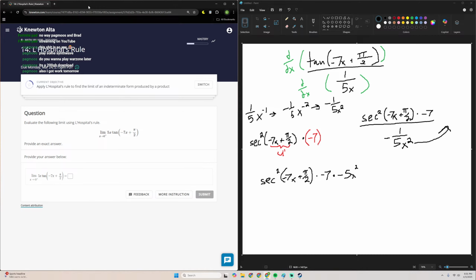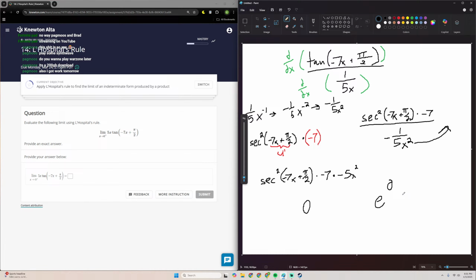Times by negative 7 times by negative 5 0 squared. So it's just 0. This whole thing just becomes 0 because it doesn't matter. Okay, this has become 0. I forgot because of that. And then we have to do e to the 0, which just becomes 1, right? E 0. Yeah, 1.